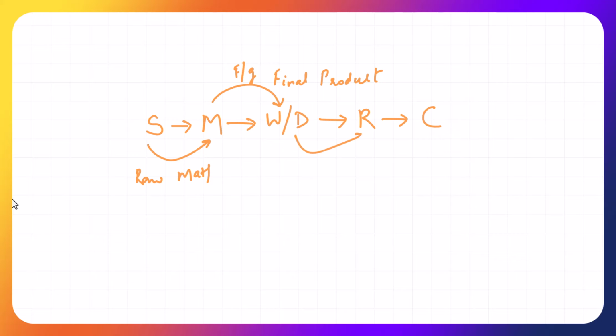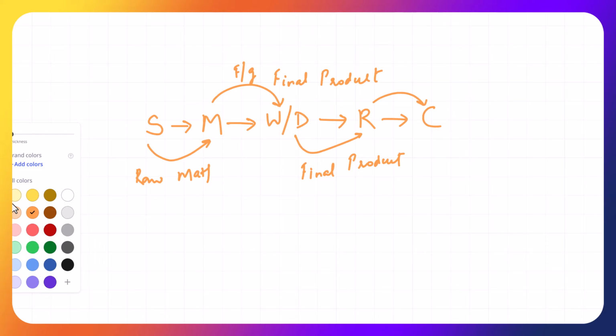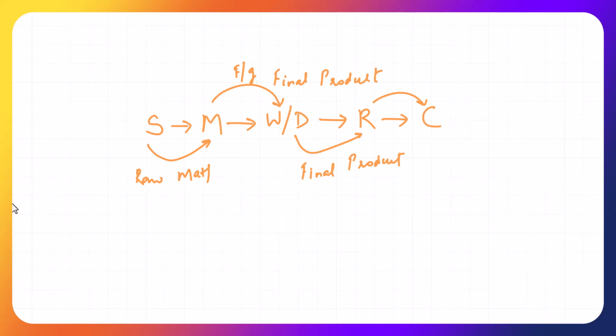The wholesaler or the distributor sends the final product to the retailer, and the retailer in turn sends the same product to the customer. What we see here is that from left to right direction, there is the material movement.